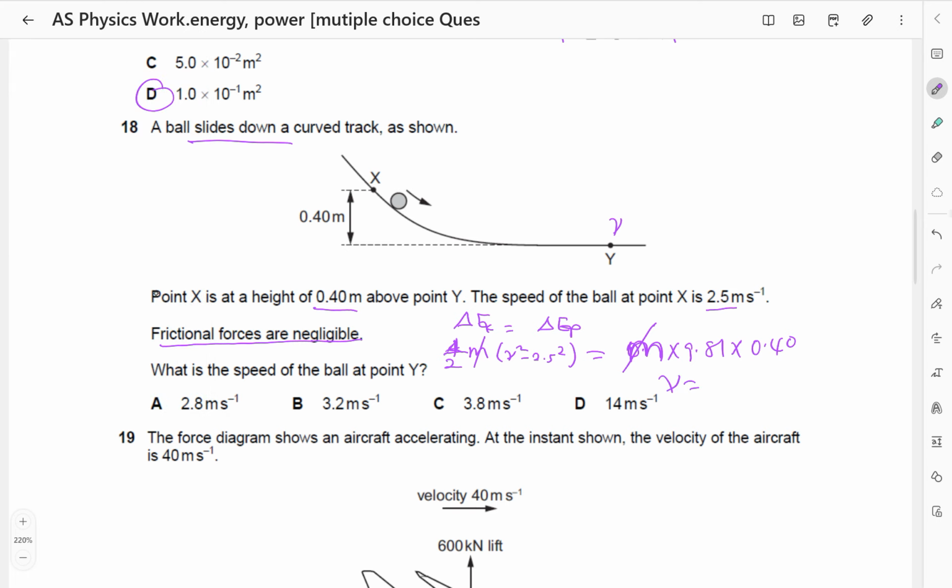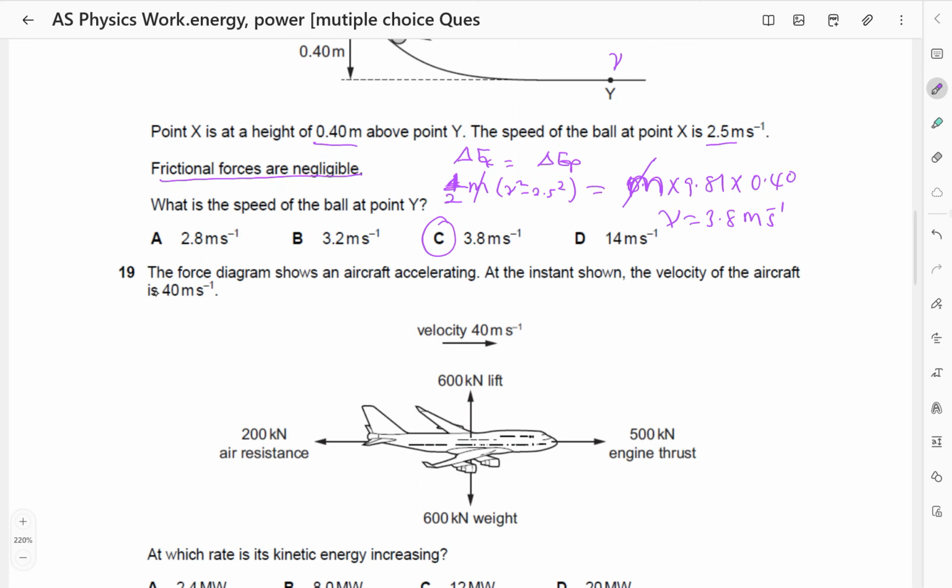So v is equal to 3.8 meters per second. I've just used change in kinetic energy is equal to change in potential energy. Because the height becomes 0, the final potential energy is 0. The speed changes from 2.5 to another value which I called v. That's giving us the change in kinetic energy. So it means here our answer is going to be C.